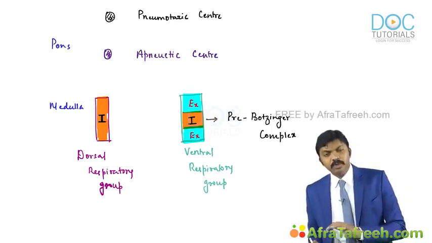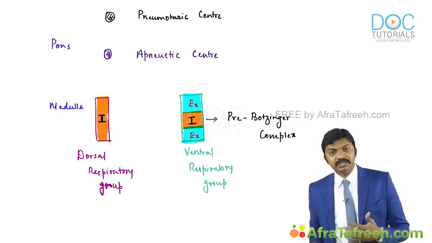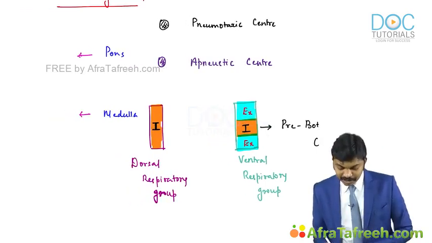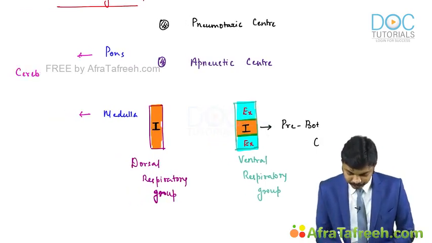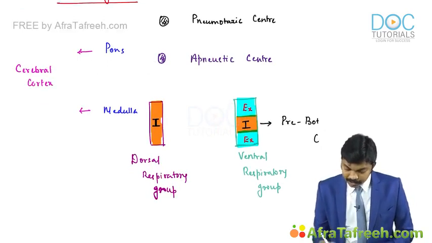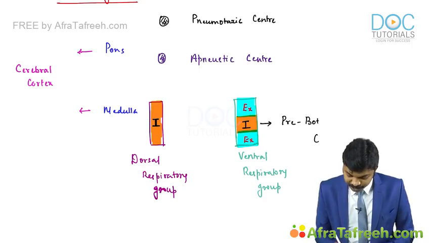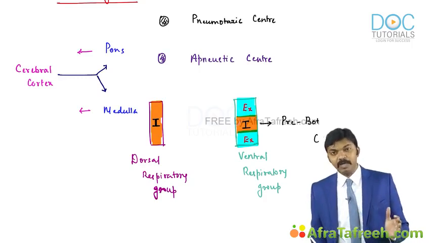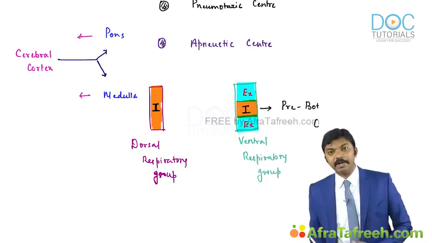Now, if you look at the afferents these centers receive, both pons as well as medulla send their afferents to the cerebral cortex. In turn, the cerebral cortex produces efferent connections over both pons as well as medulla. You do have efferents coming from cerebral cortex going to pons and medulla.